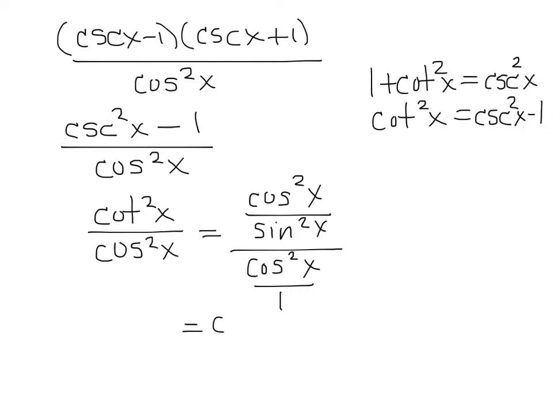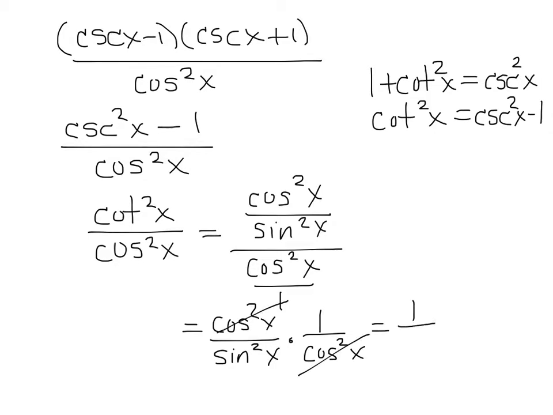So we get cosine squared x over sine squared x times 1 over cosine squared x. Cross canceling, you then get 1 over sine squared x, and 1 over sine squared, using reciprocal identities, is cosecant squared x. And now we have simplified the expression down to one trig function.